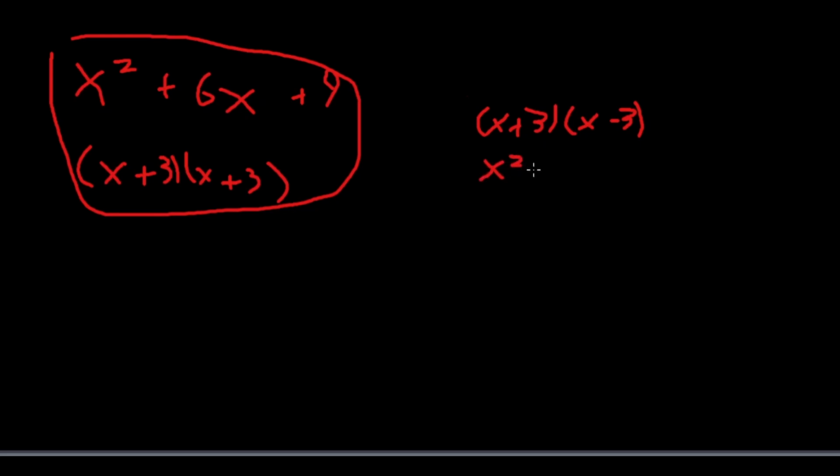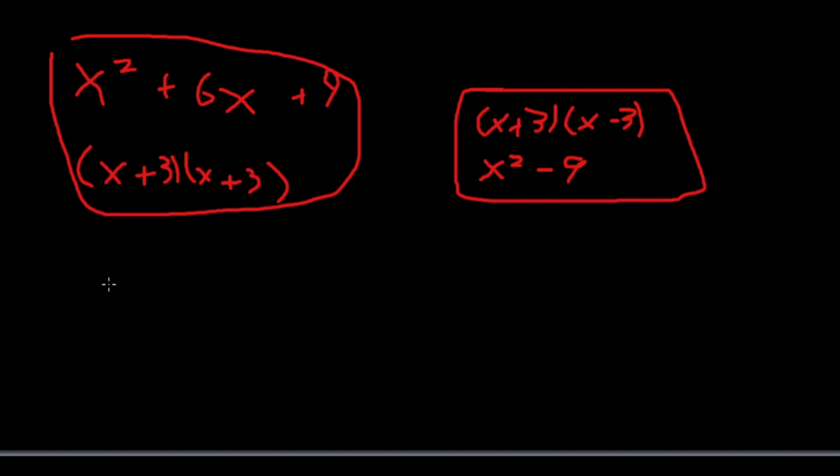Start with that, end up with this. And we got this without any multiplication, no nothing. Just purely pattern recognition. B goes away. C becomes negative. So this is x plus 3, x minus 3 goes to x squared minus 9.